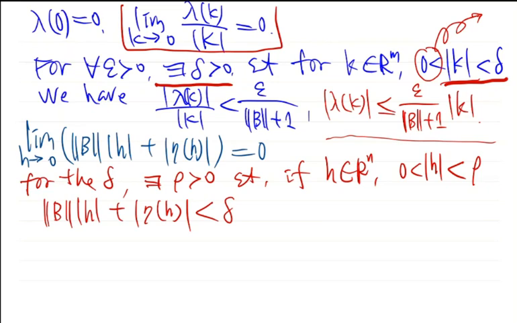Okay, because the limit is 0. Eventually, when h is small enough, it will be less than the delta given previously.